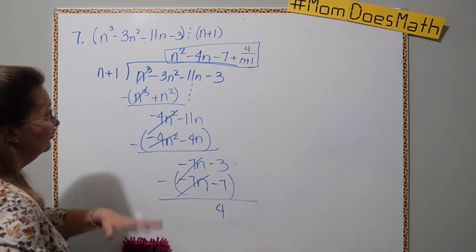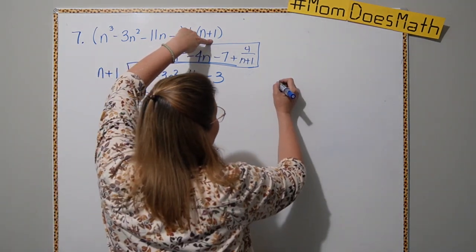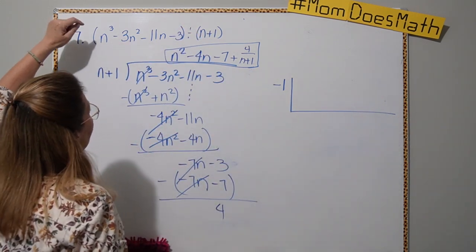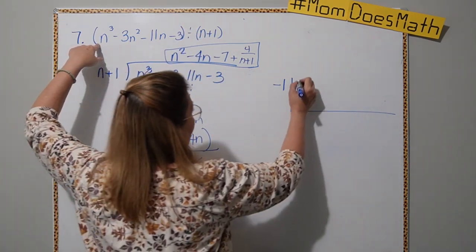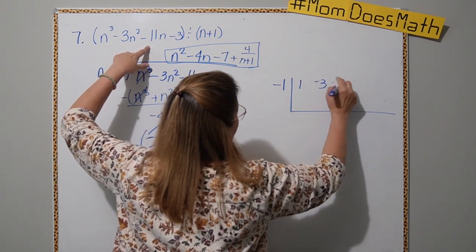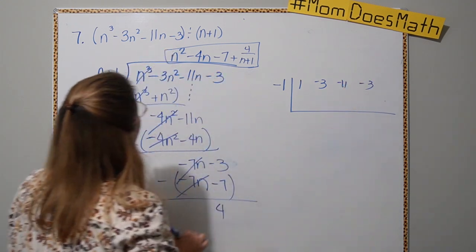Okay, now for synthetic. So first of all, since this is a plus 1 in synthetic, I'm going to use negative 1. Now my coefficients here, I've got 1, negative 3, negative 11, and negative 3. All you need is the coefficient.